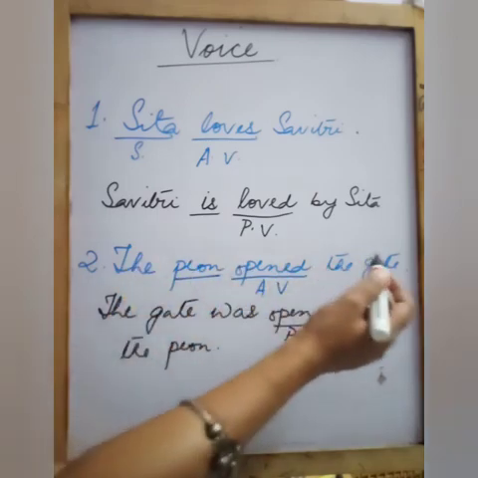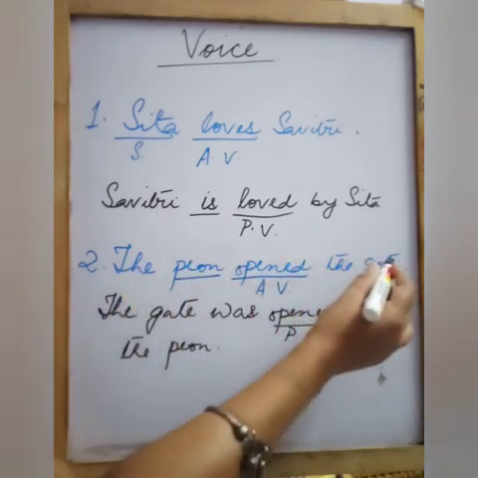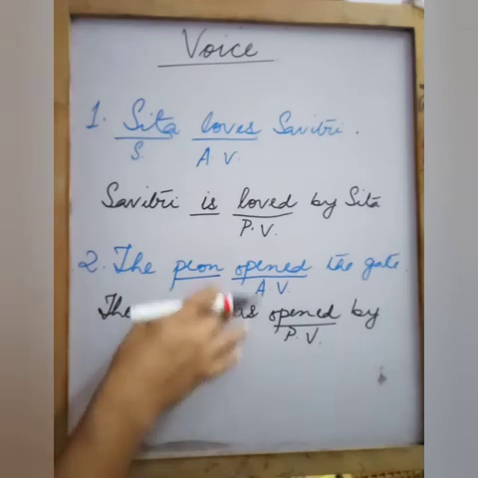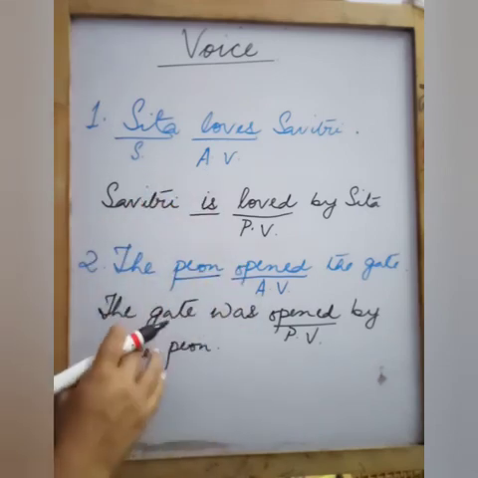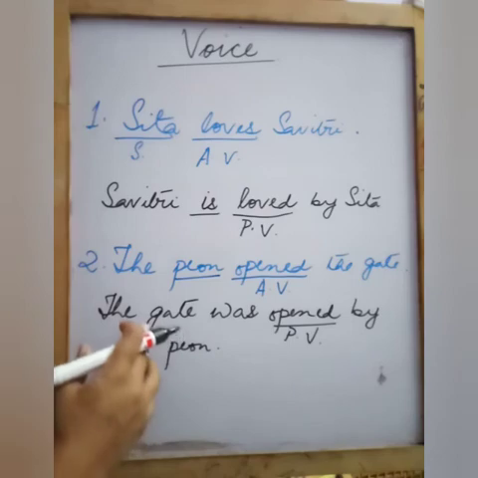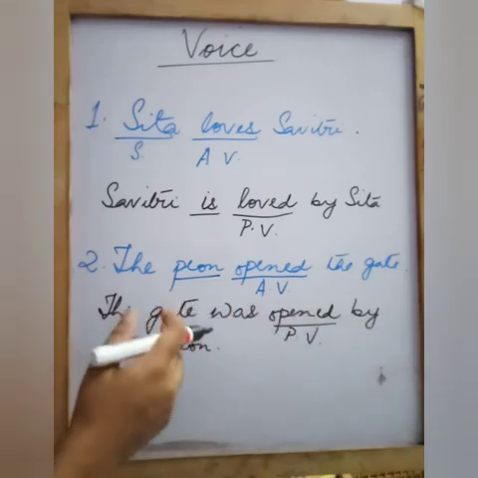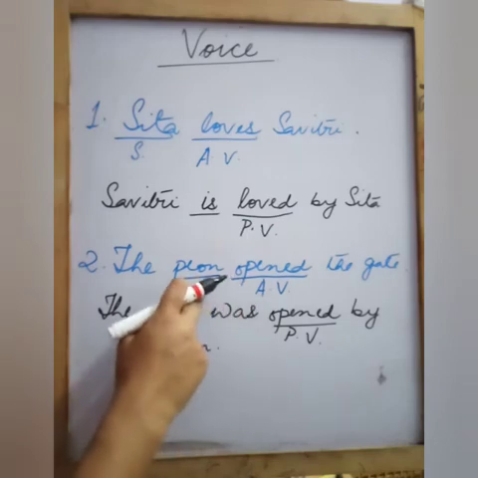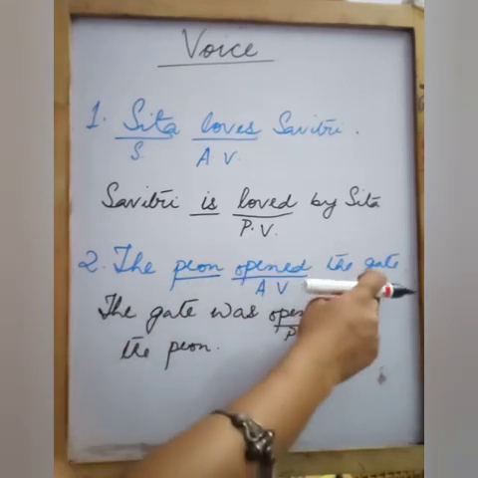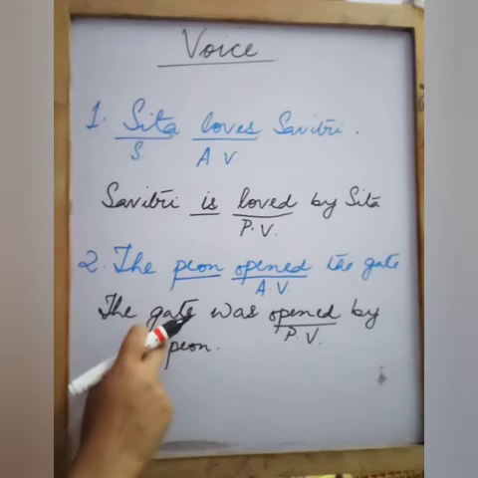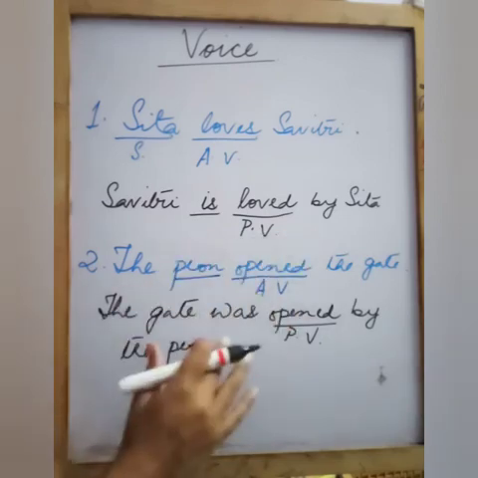The peon opened the gate, the action is being performed by the peon. Now in the second sentence, the meaning of the sentence remains the same, but how we write it in the passive voice, the gate was opened by the peon. Fine. In the first sentence, the action is being done on the object. In the second sentence, the object is receiving the action.